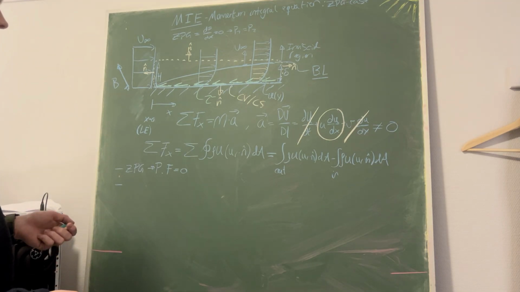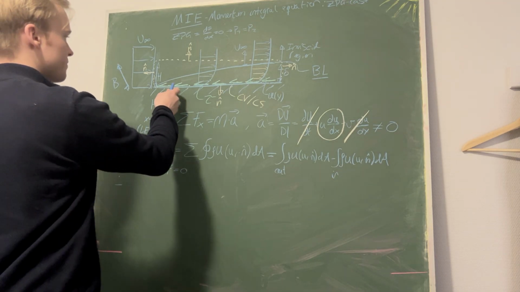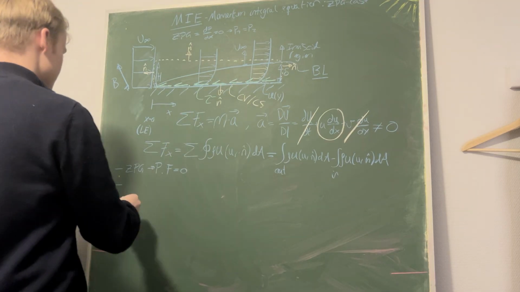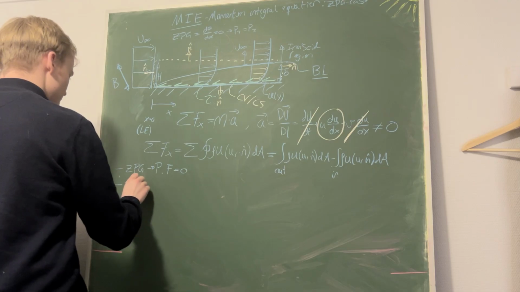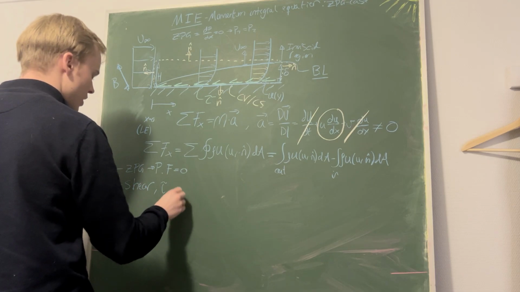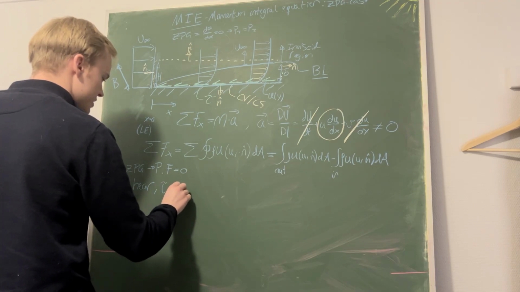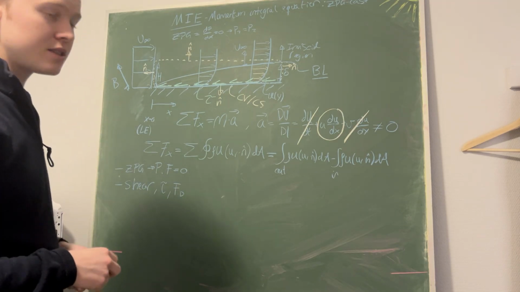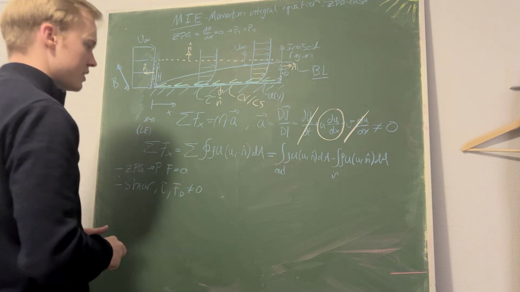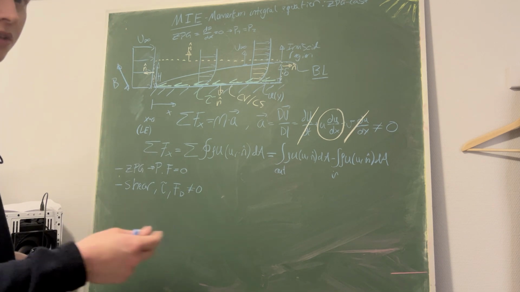And then, of course, we have shear. In the viscous region, there's going to be shear along the wall. So we have to have something with the shear, our tau, or our drag force, Fd. And that is definitely not equal to 0. That is some positive value.